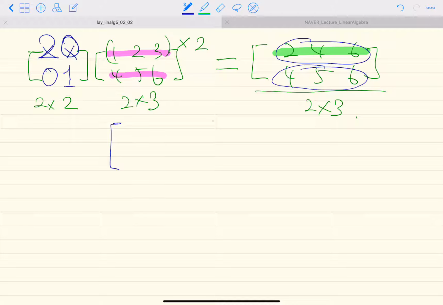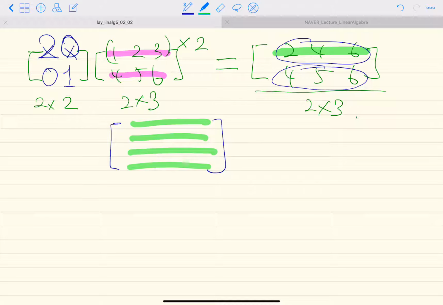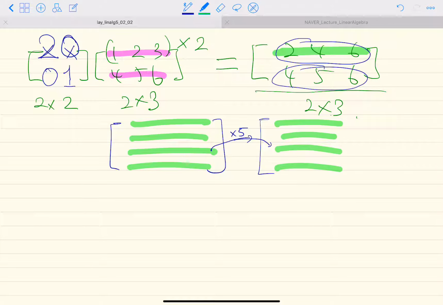Let's generalize it. Suppose we have maybe 4 rows, and maybe the second row was multiplied by 5, and the other rows will remain the same. This guy times 5 is becoming the new second row, right?